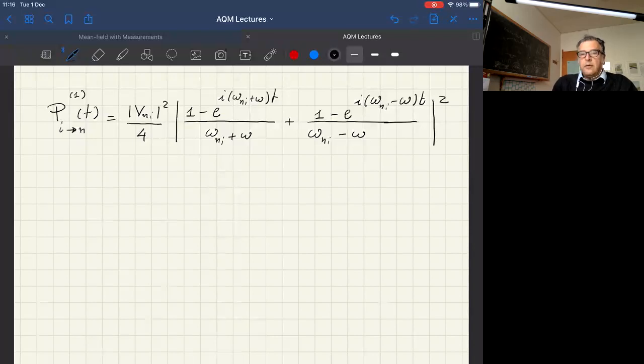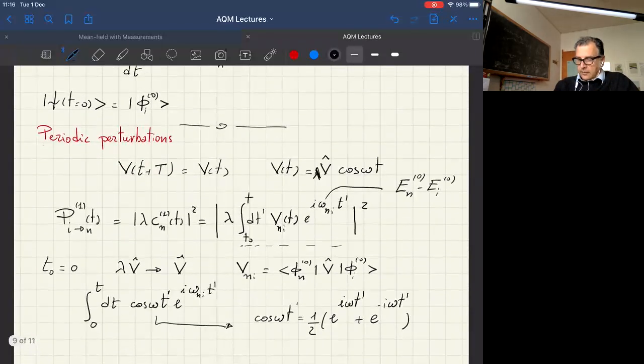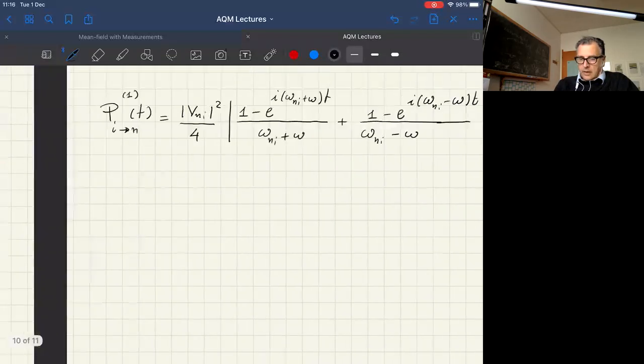Okay, so the 4 comes from the cosine. The cosine is 1/2 of the sum of exponentials, and then you have to do the integral of the two terms. Okay, and you just get this.